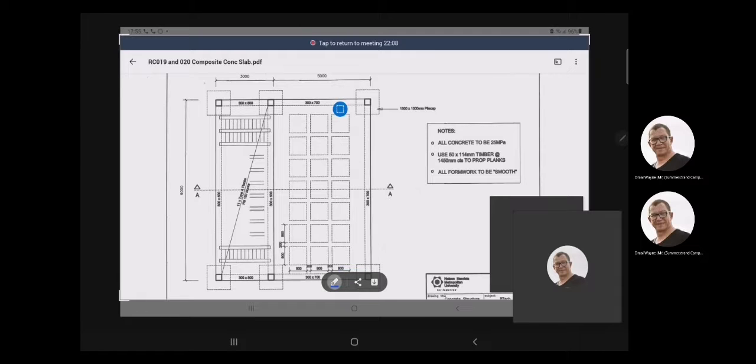I go through and I measure them and I describe them, the size at the top, the size at the bottom, I give the height, and I also say how deep they are. My description then would be smooth formwork to the top and sides of coffers, size 750 by 750 millimeters at the top, 900 by 900 millimeters at the bottom, and they are all 300 deep.